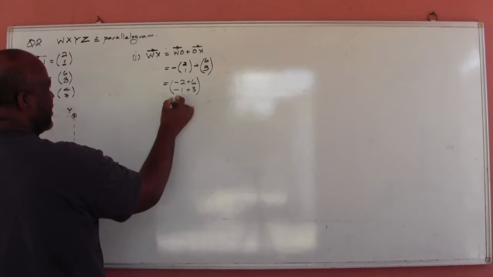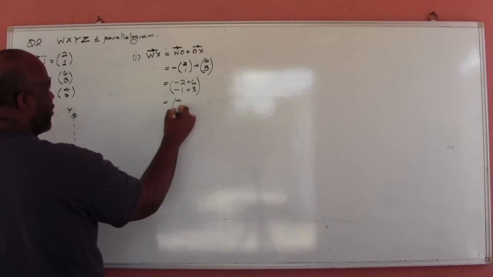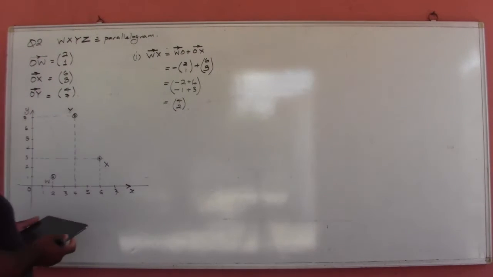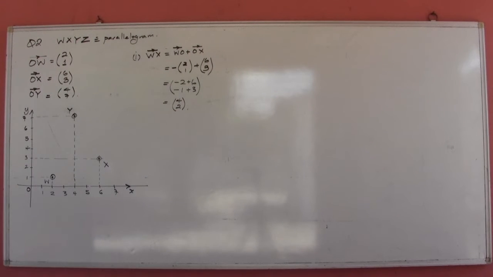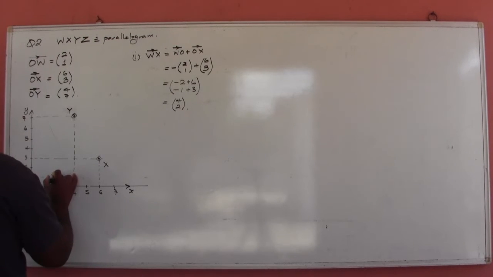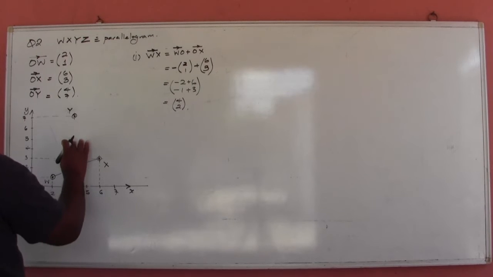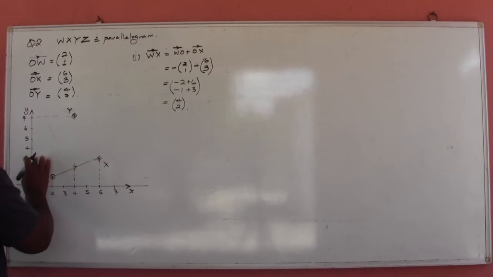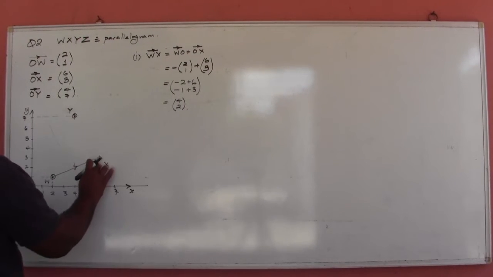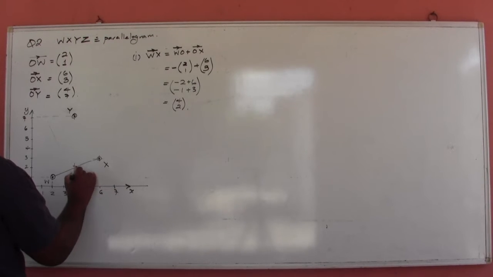So this is (4, 2). The signs are different, so you subtract and keep the sign of the larger number. So the vector WX is (4, 2), and we can erase these dotted lines.